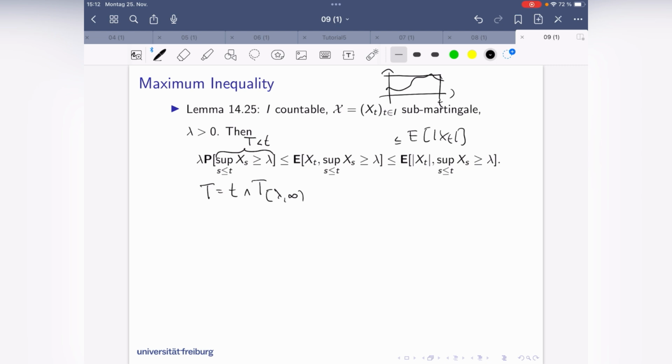And we are doing this using the optional sampling theorem. Apparently, capital T is bounded from above by small t.